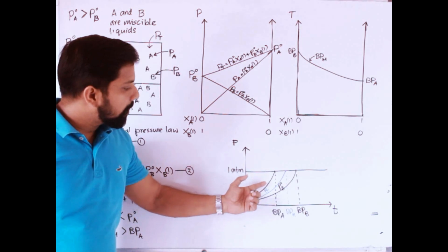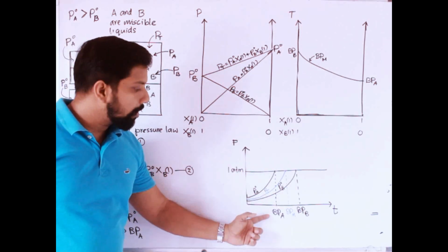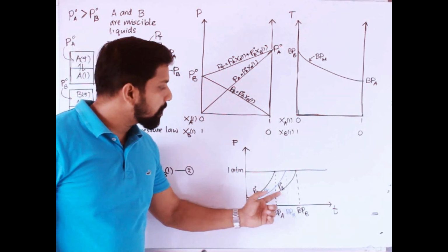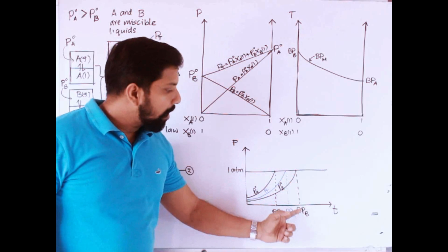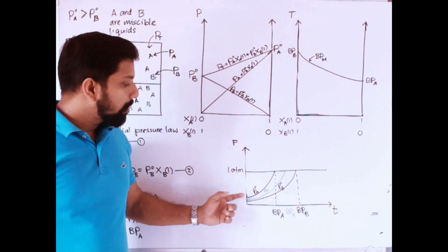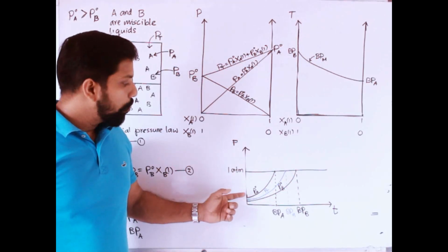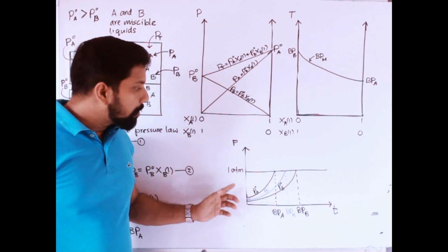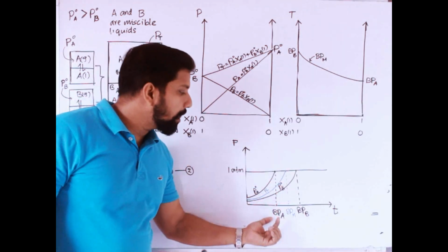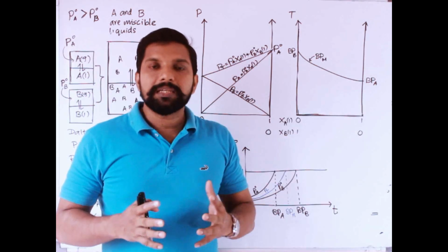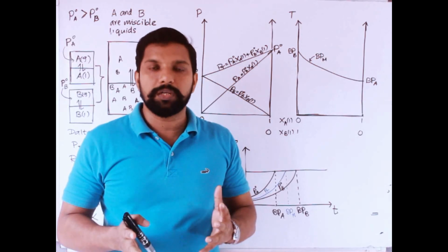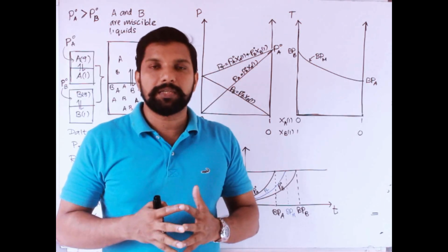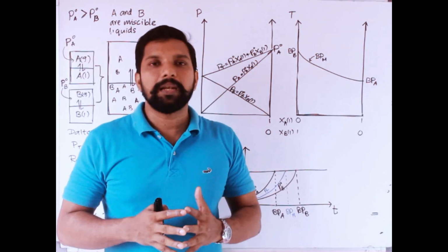A reaches the external pressure and boils at a lower temperature, whereas B reaches the external pressure at a higher boiling point. Since the solution has its vapor pressure always in between A and B, its boiling point will be in between A and B. That is a summary of a binary solution which contains two miscible liquids, provided that it is an ideal solution.